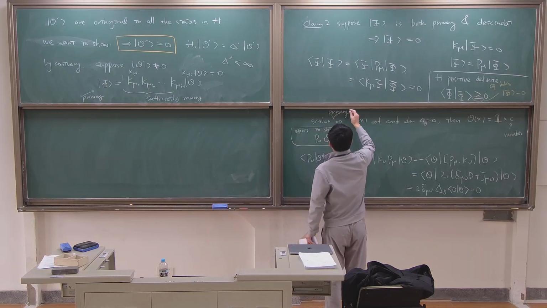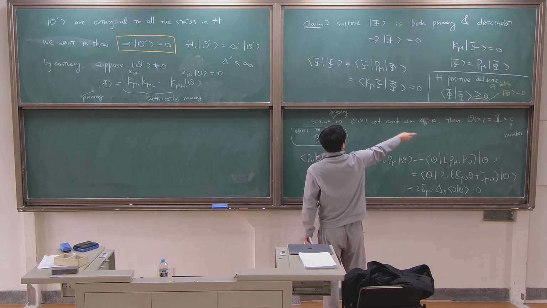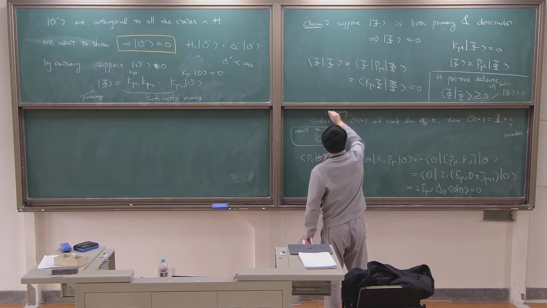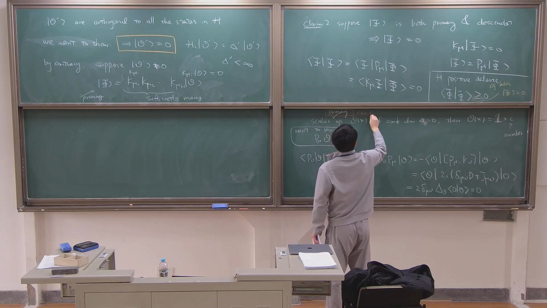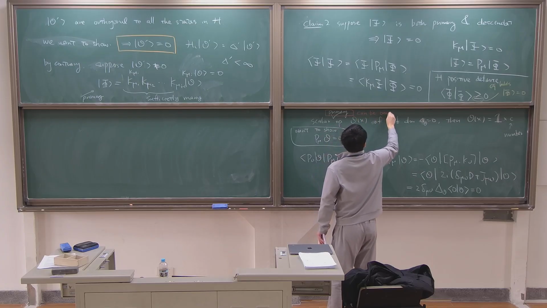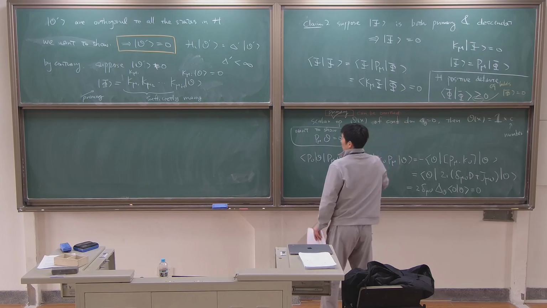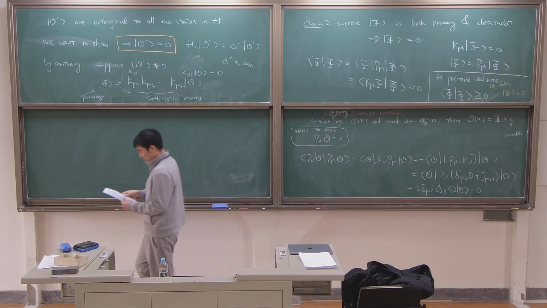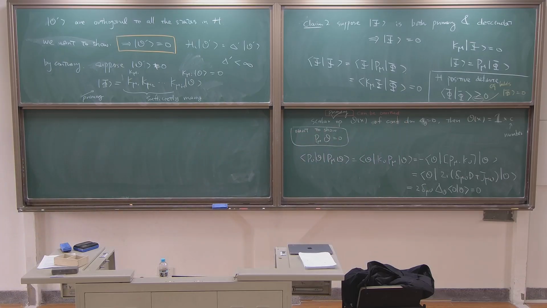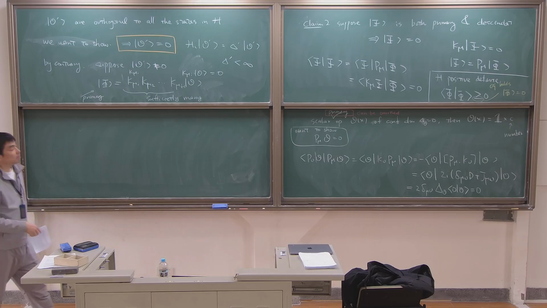Any scalar operator with conformal dimension equal to 0 is okay, so this can be relaxed or omitted. But I'm not going to show that, it's also difficult to show. That's one thing, but we can omit this relation.